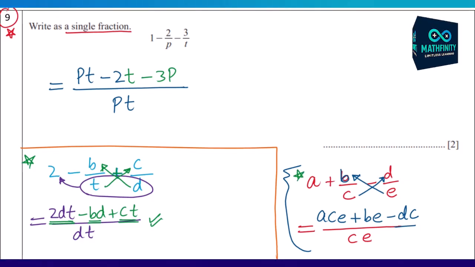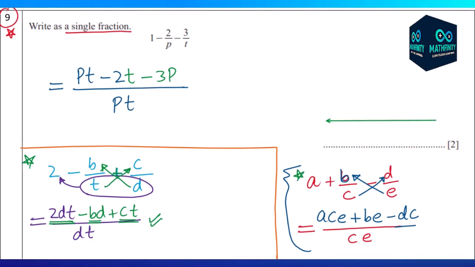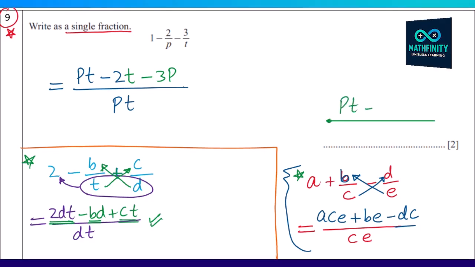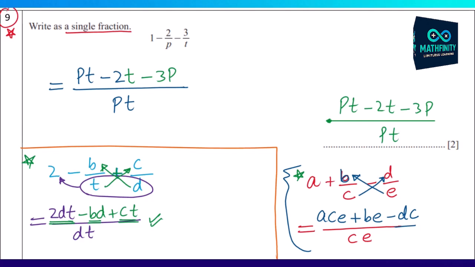So the final answer you have to write here: pt minus 2t minus 3p over pt. Do the practice. If you have any confusion or any doubt, please discuss with me. Okay. Take care.